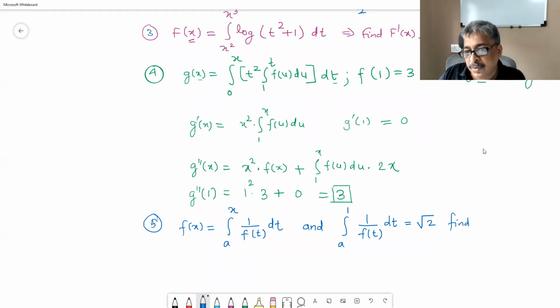Find f of x. Actually, 'find f of x' is the wording of functional equation problems, but these problems are suitable for this application right now. Therefore, I am taking it. So what you are supposed to find out is f of x.